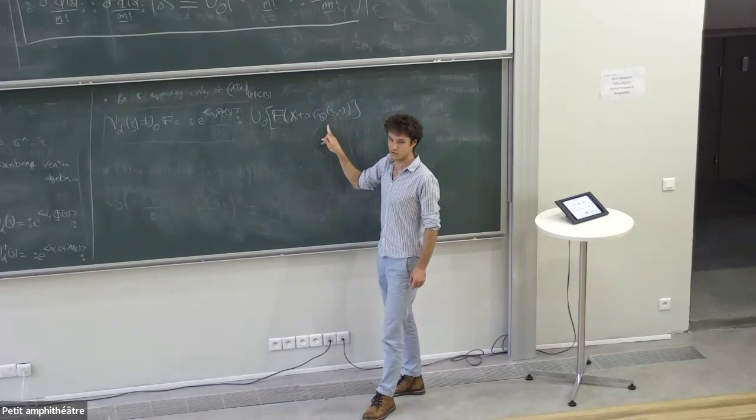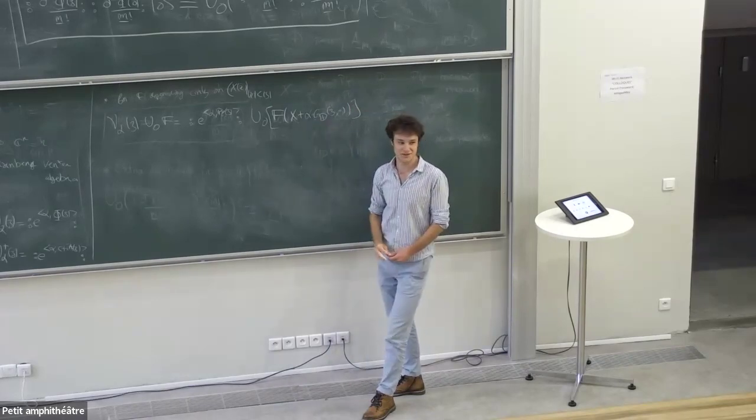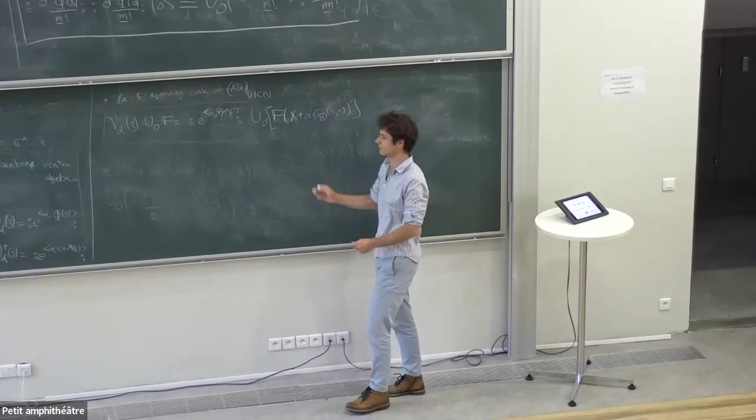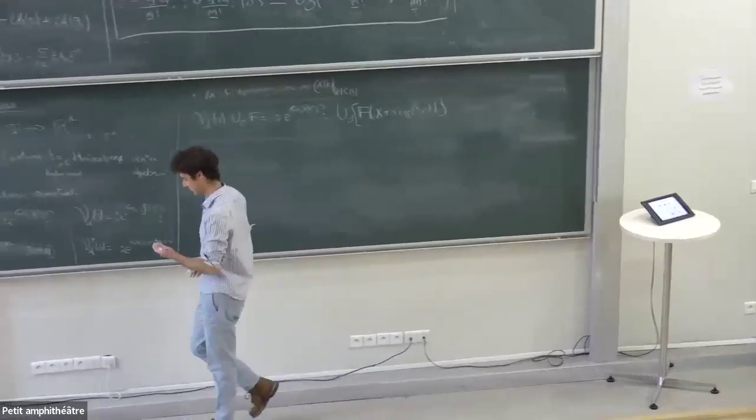So you add a log singularity. So G is the Green function. For probabilists, this is nothing but Girsanov. And this kind of statement, you can prove by doing some computations.